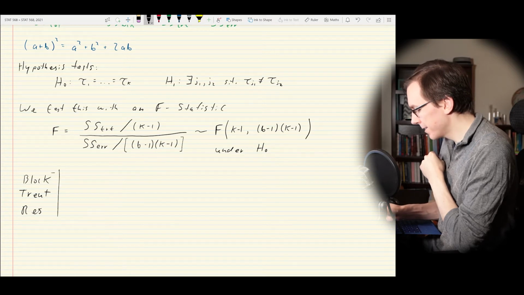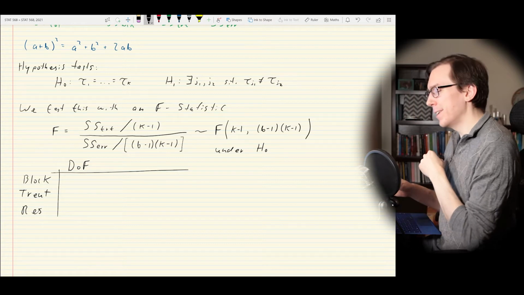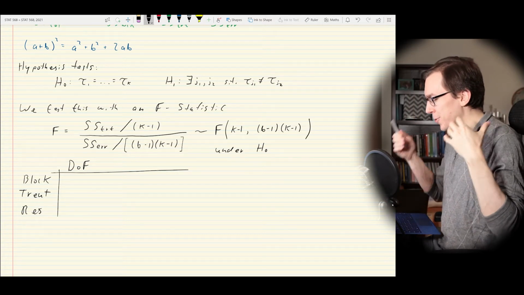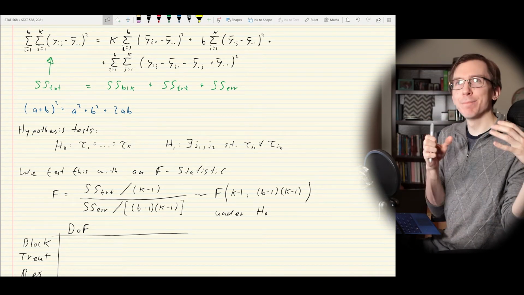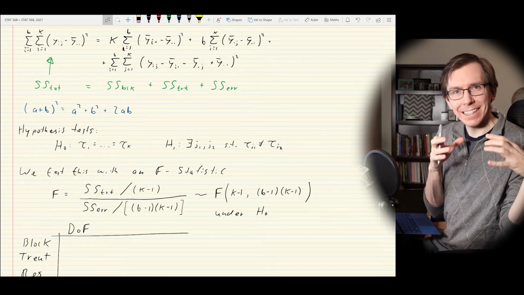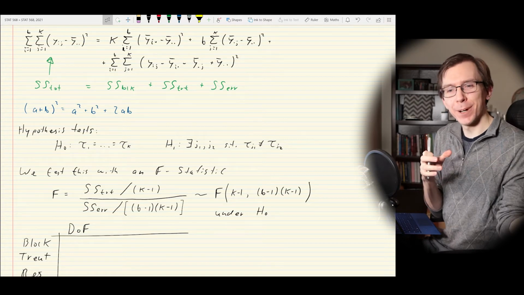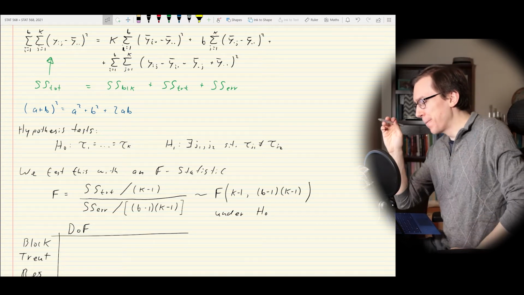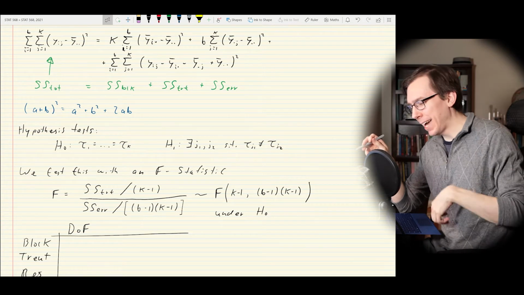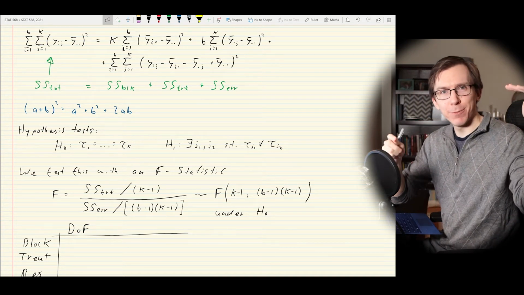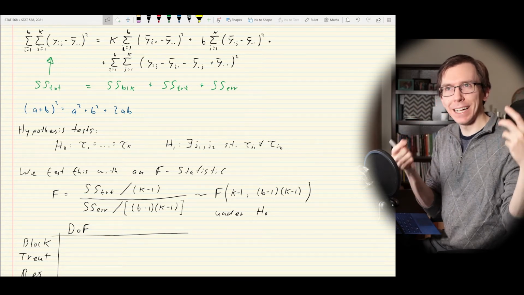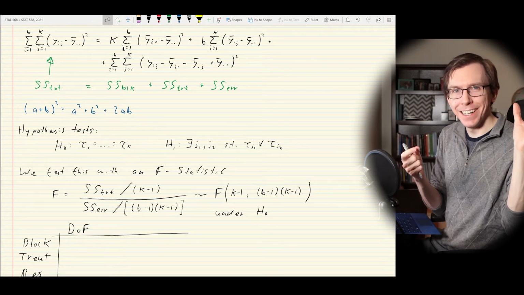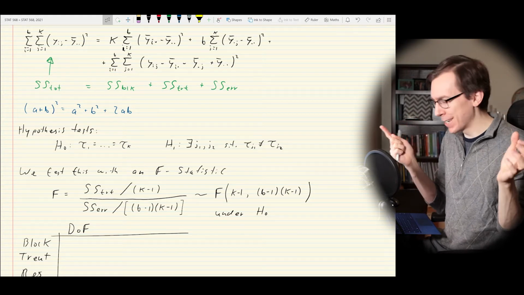And what we get when we look at degrees of freedom is, the way I like to think about this intuitively, if I go back up to my equations here, it's the number of things in that category minus the number of estimated parameters. So in the treatment case, we have k treatments and we're estimating one global mean, so k minus 1. In the block case, we have b blocks and we have one global mean, so we have b minus 1.